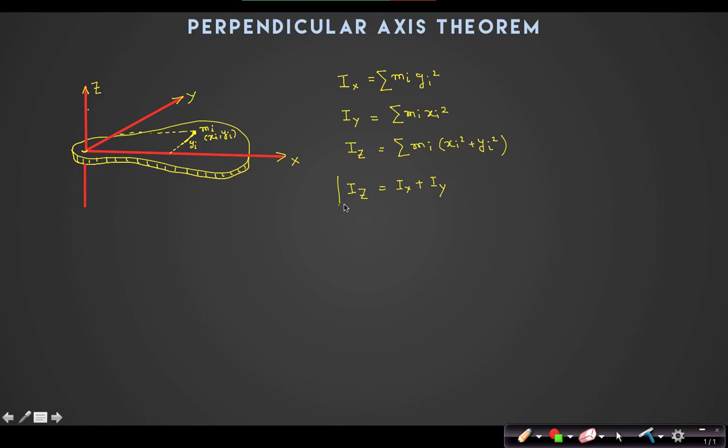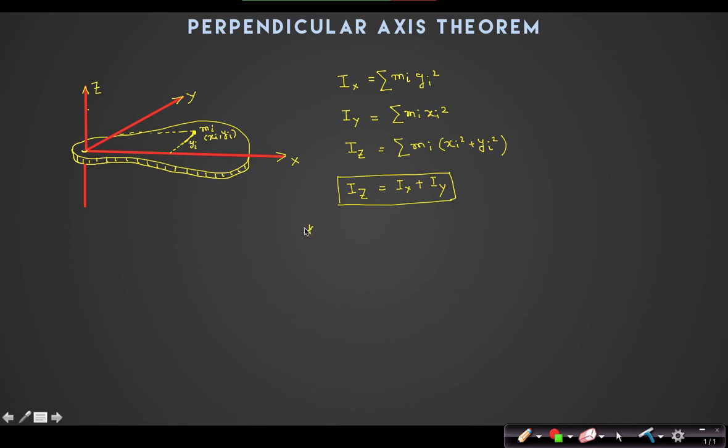So this is known as the perpendicular axis theorem, which says that if the body lies in the xy plane, then Ix plus Iy will be Iz. If the body lies in the yz plane, then Iy plus Iz equals Ix. So I can find the moment of inertia about an axis perpendicular to the plane where the body lies with this theorem.